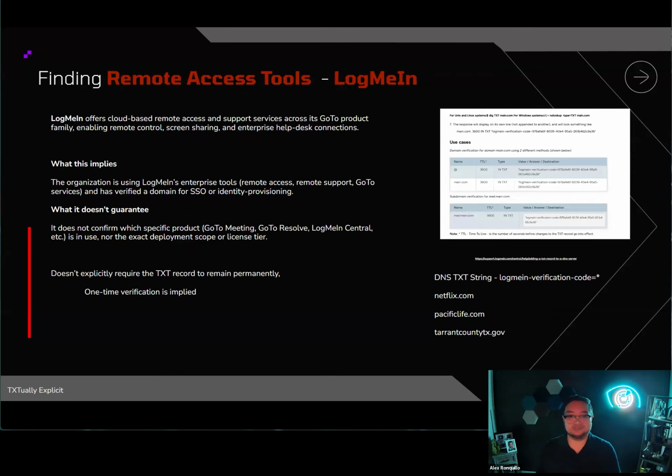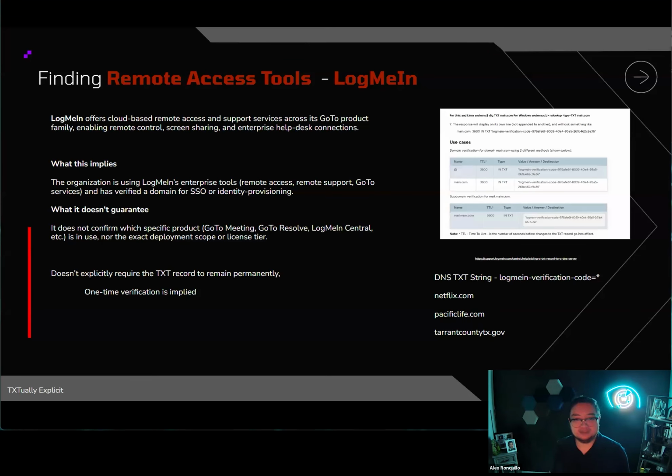Remote access tools, right? A LogMeIn verification code might reveal that that enterprise uses remote access tooling. Now, it could also mean that they just use different LogMeIn services. They also own GoToMeeting and some other things as well.